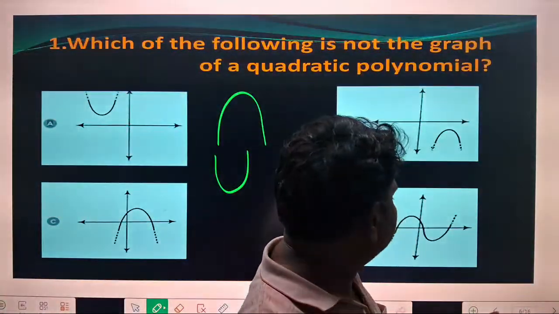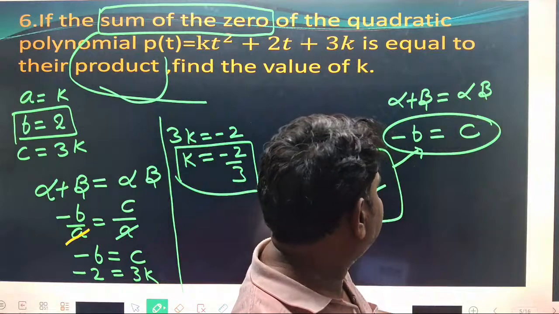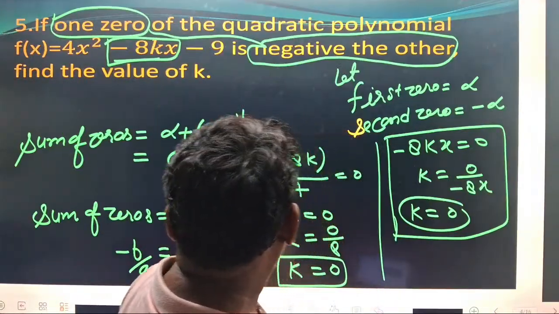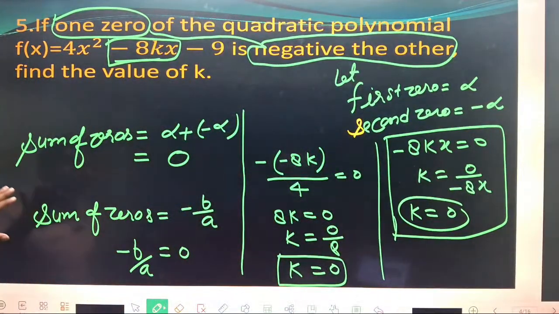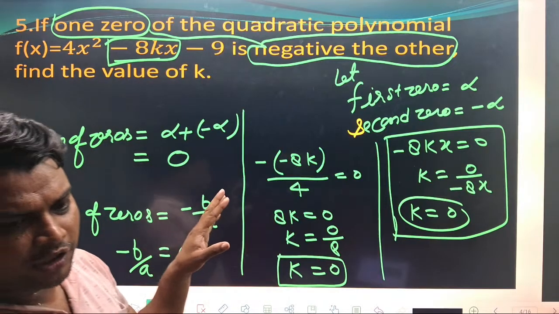The concept is one zero is the negative of the other.